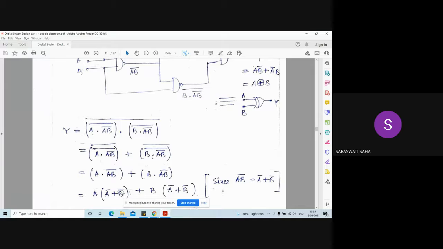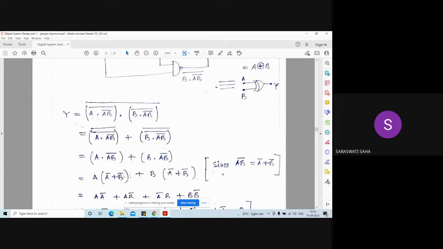You will get these two separate terms. And from here, see, it is a double complement. Double complement means you will get the original term. Consider it is x. So x double bar means you will get x here. Here consider it is y. So y double complement means you will get y here. Clear?